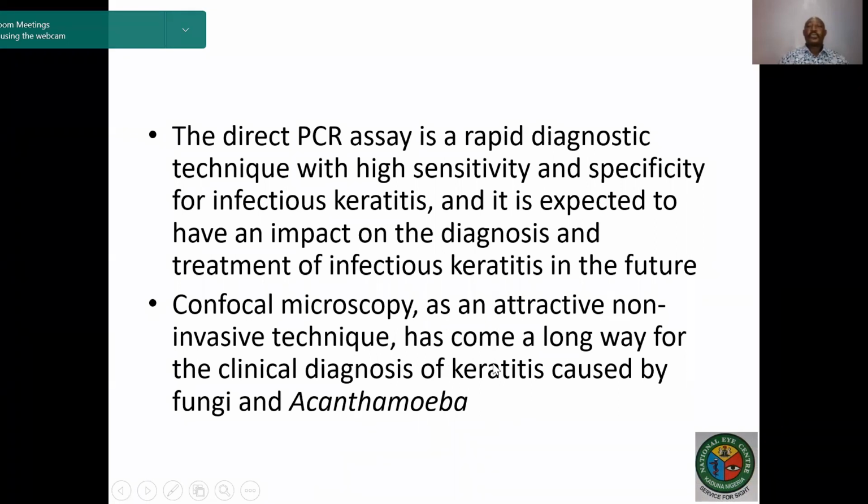It has been used to diagnose virtually all forms, whether bacterial, fungal, or acanthamoeba. Confocal also has the attractive advantage of not being invasive, and it has come a long way as a clinical diagnostic tool for keratitis. It has been used to diagnose keratitis caused by fungi and acanthamoeba.